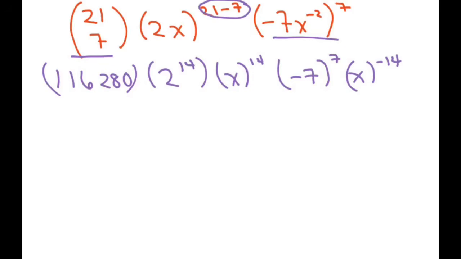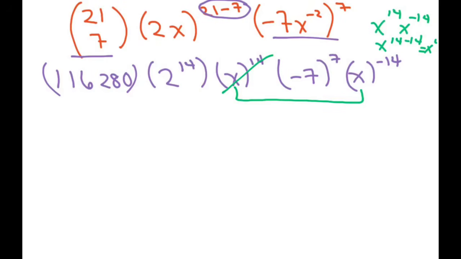Now when you multiply x to the 14th times x to the negative 14th, that's x to the 14 minus 14, which is x to the 0. And we know x to the 0 equals 1. So basically these two cancel out, and that's what we wanted.